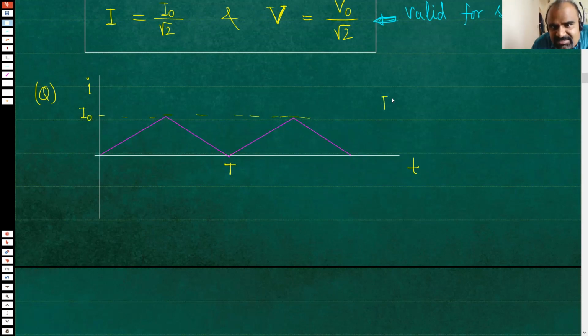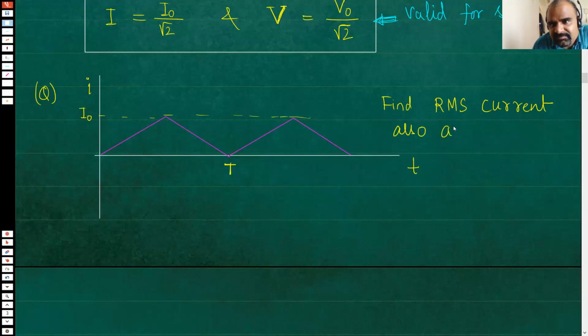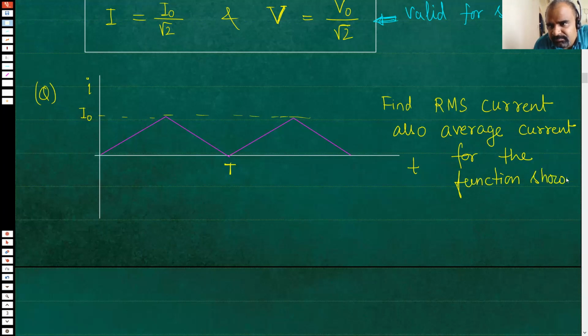So find RMS current and also average current for the function shown. So for this function, find it.